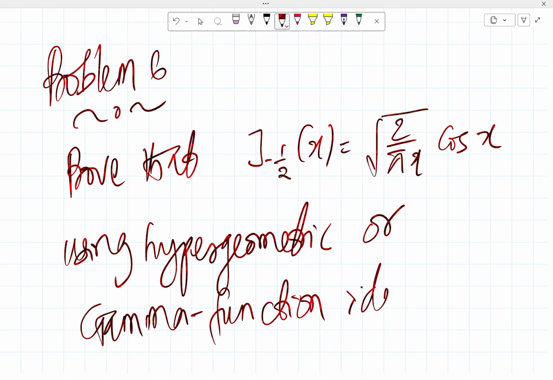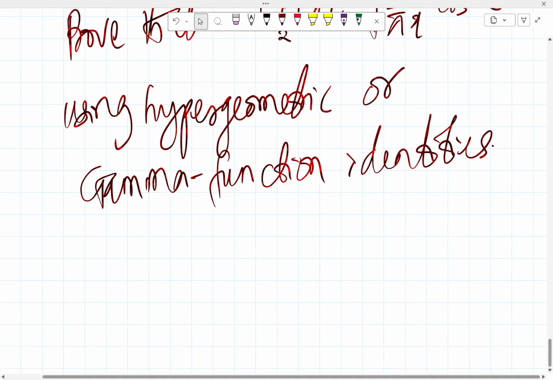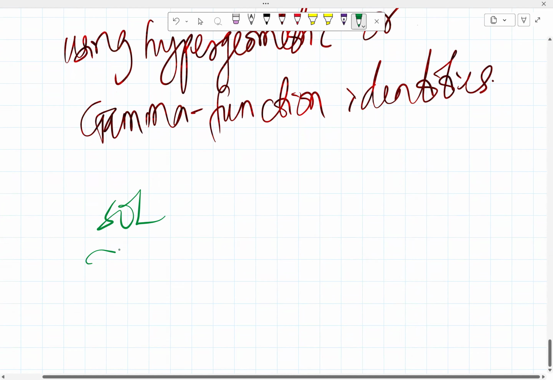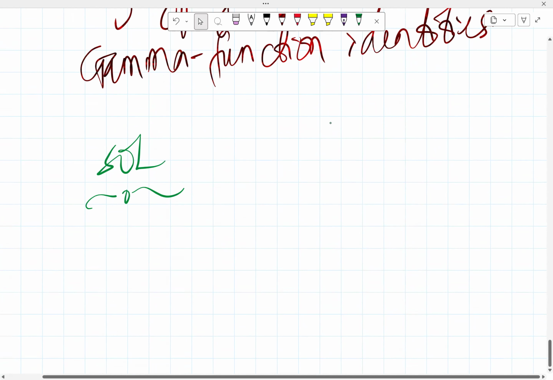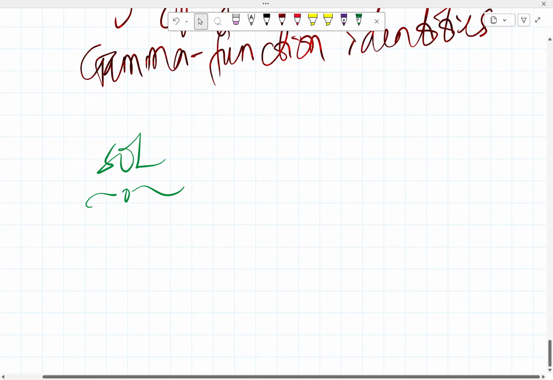Okay, so solution. We start with this. That's a Bessel expression right there.